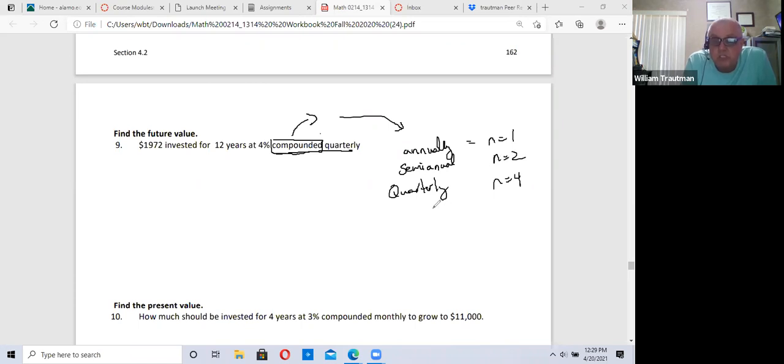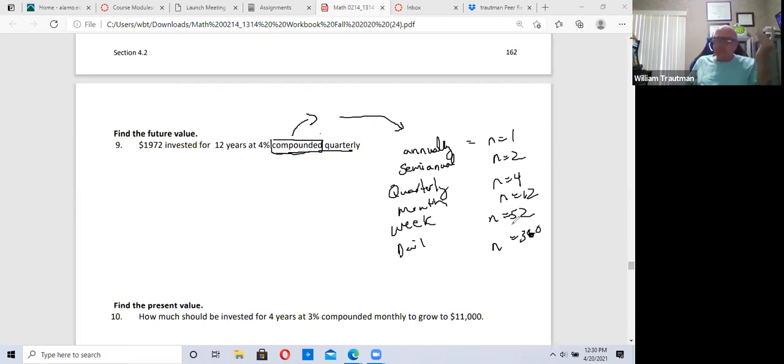There are 4 quarters in a year. Monthly, n equals 12. Weekly, n equals 52. And then daily, we use 360. It's called banker's number. Instead of 365 or 364 or whatever you want to use, we use 360. So these are how often a place will compound it, and this tells you what n equals.